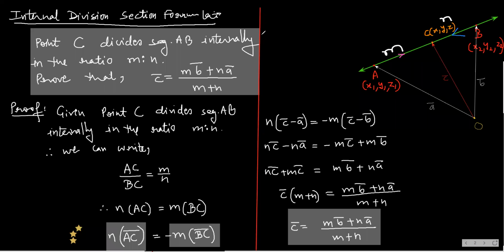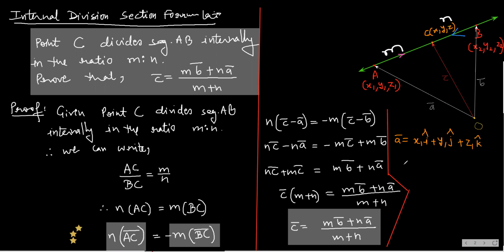Now let us take this discussion ahead. What I will do here is, see, we have the coordinates of these points, I mean the coordinates of point A, B, and C. I will write the position vector of these points. So if point A is x1, y1, z1, A bar will become x1 i cap plus y1 j cap plus z1 k cap.